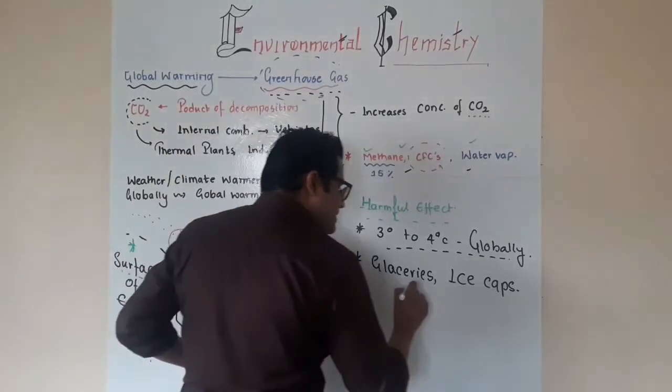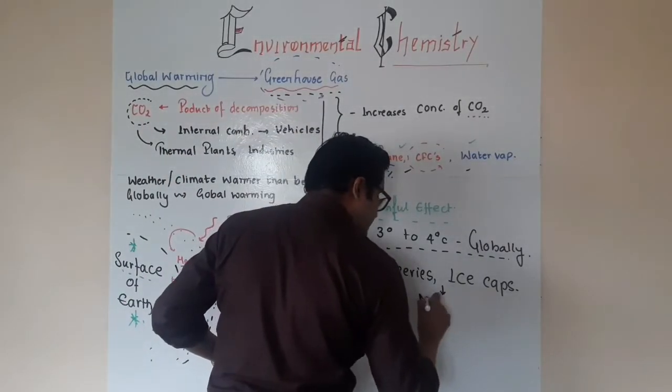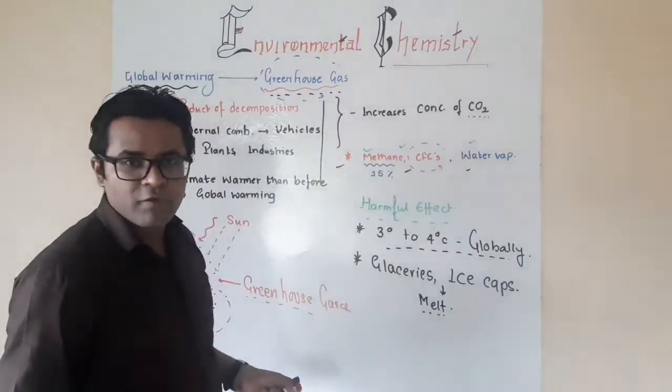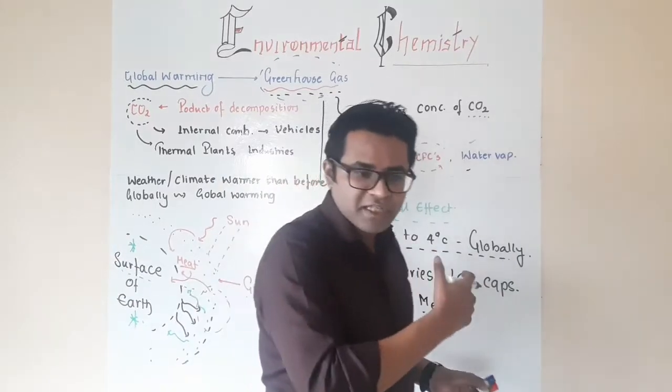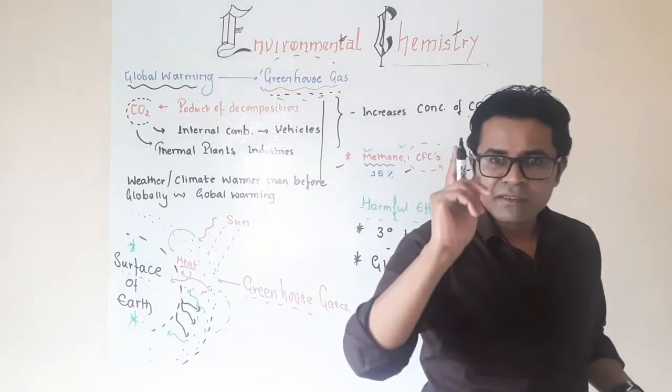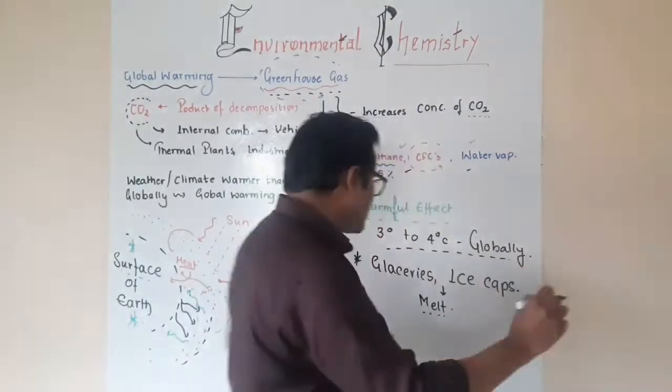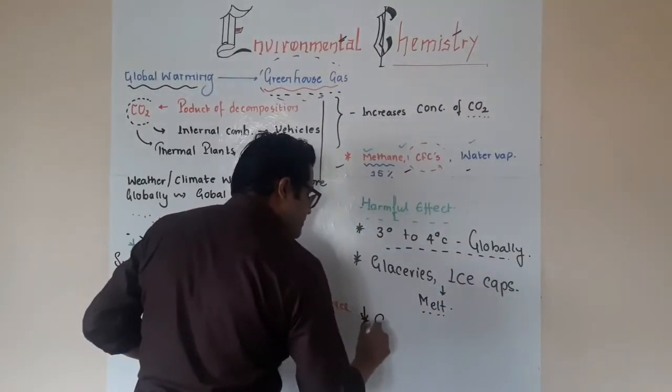These will start to melt. As they melt, water is formed in a huge quantity, which is released into the oceans. That means the ocean level increases.